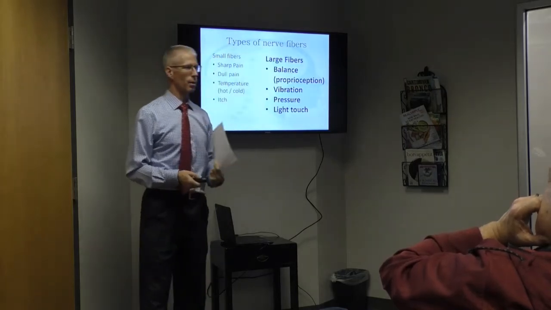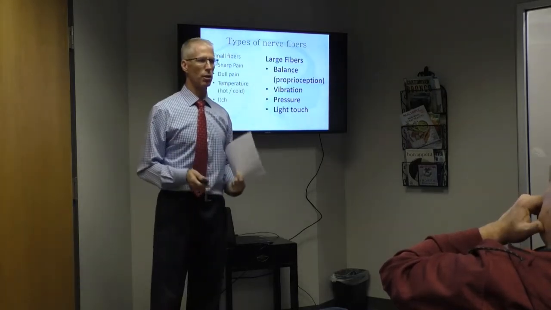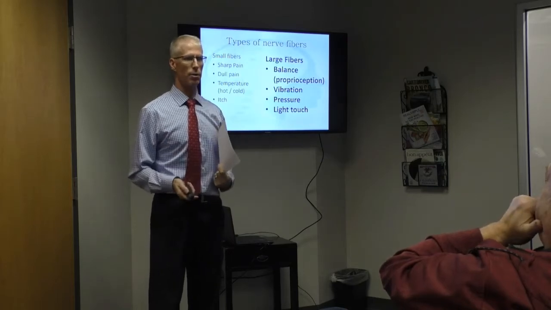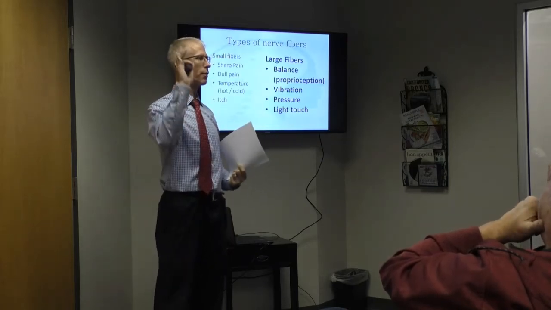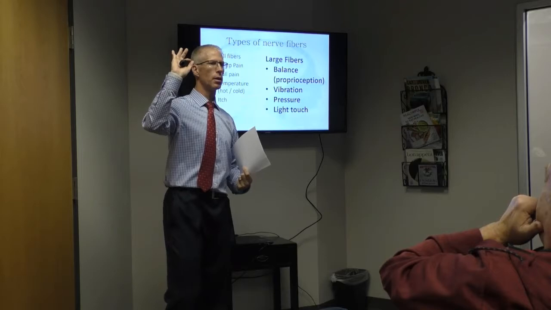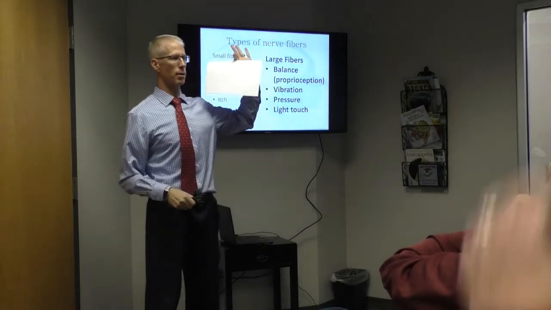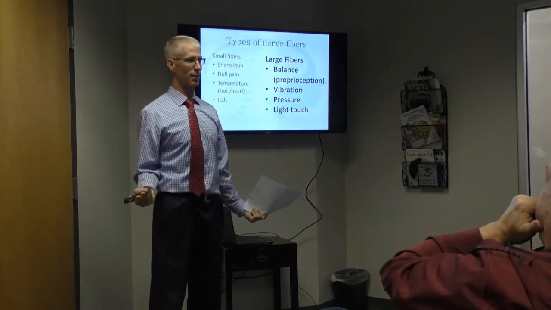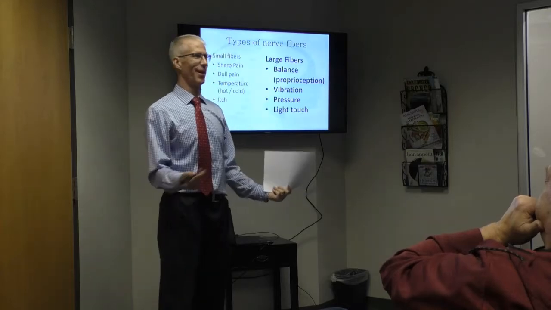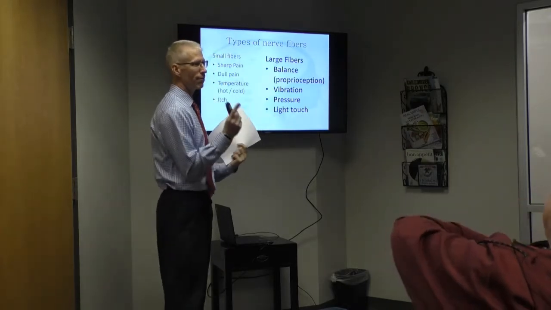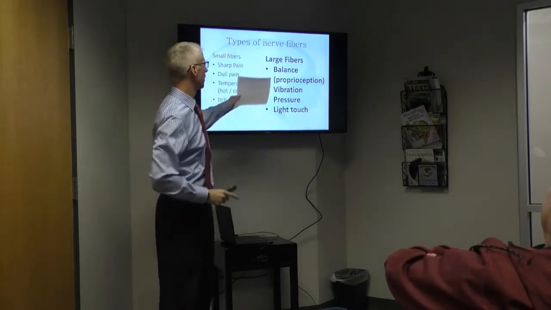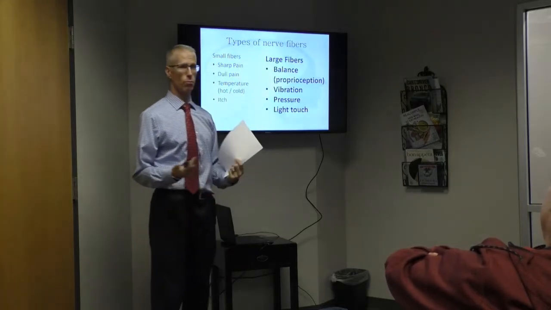So what I'd like you to think about is which tend to be faster, the small fibers or the large fibers? Which do you think? Raise your hand if you think the large fibers are faster. Okay, raise your hand if you think the small fibers are faster. Raise your hand if you don't dare to answer because you don't want to be embarrassed. All right, so the very brave 1 or 2 of you who thought the large fibers were faster were right.